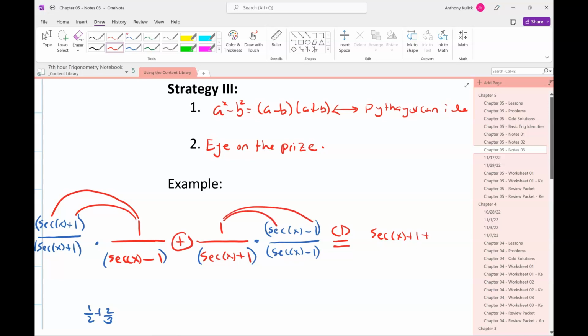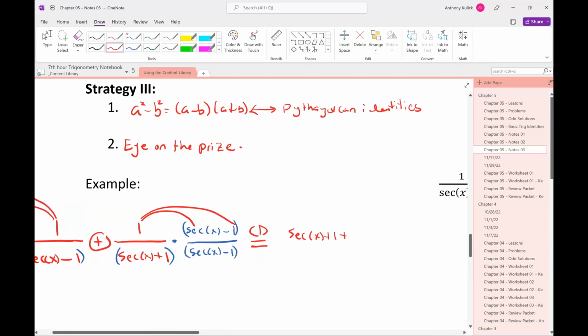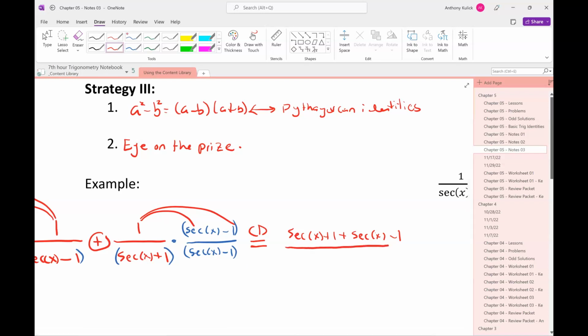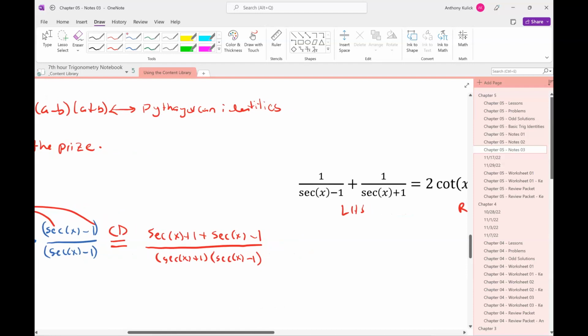And then I'll distribute here. And my common denominator is on the bottom. Everybody cool?